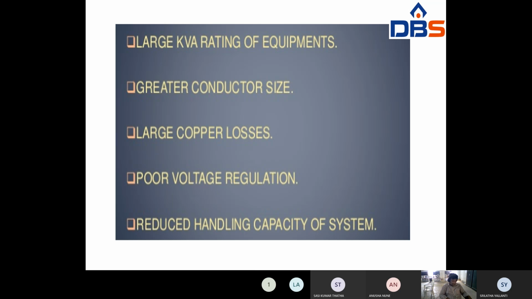Greater conductor size. Load current is inversely proportional to the power factor.